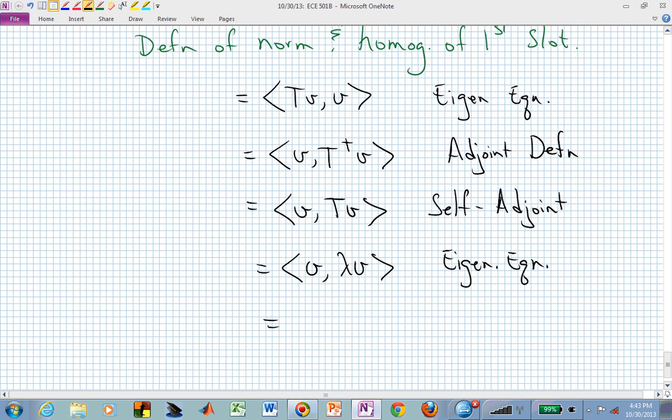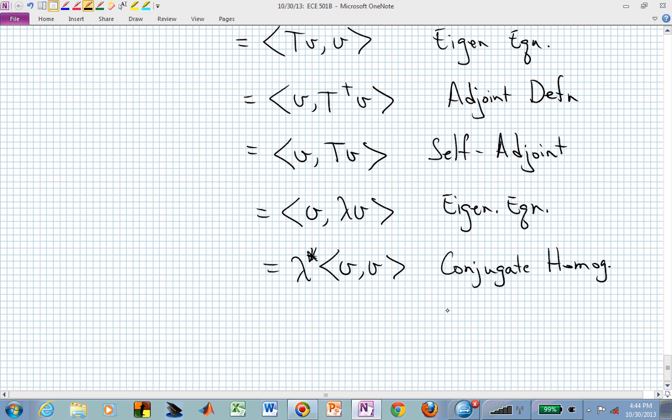That's the complex conjugate homogeneity of the second slot, isn't it? So this is now lambda star times v, v. And then we can clean that up and say that's just lambda star times the norm of v squared.